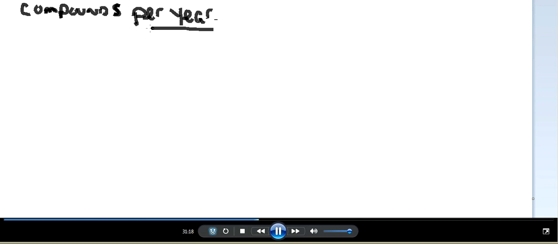Separate little lesson here. So number of compounds. My number of compounds per year. Okay. So let's start with something maybe that is monthly. Monthly.